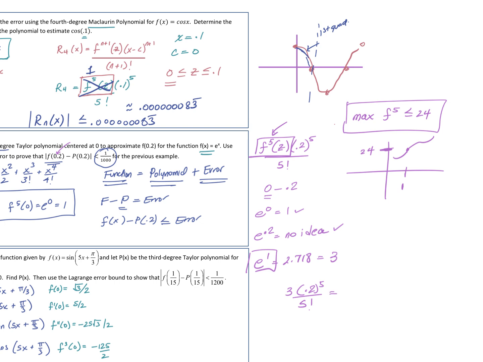So now we can say 3 over 5 factorial, which is 120. 0.2 we can do as 2 over 10, which is 1 over 5 to the 5th power. So 5 to the 5th power is 3125. This can cancel with this to get 40. I can comfortably say that that is less than 1 over 1000.